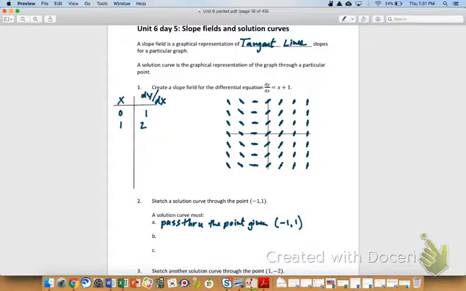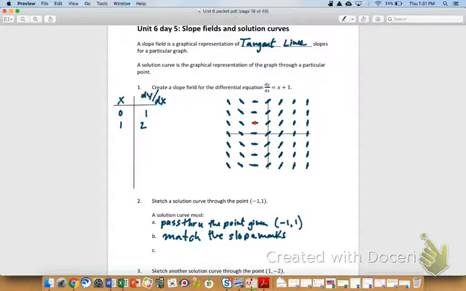B, it's got to match the slope marks. So let me give you an example of a bad solution curve. If I were to locate the point (-1, 1), that would be this red point right there, right?